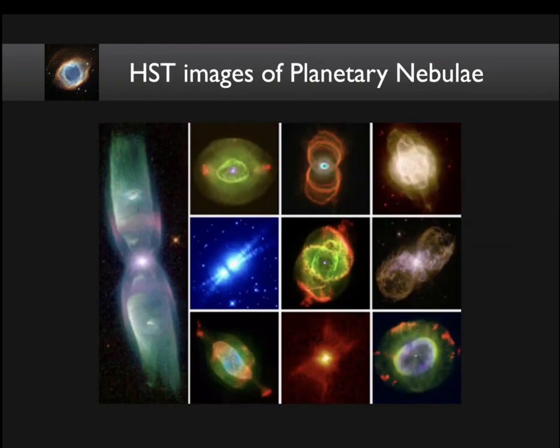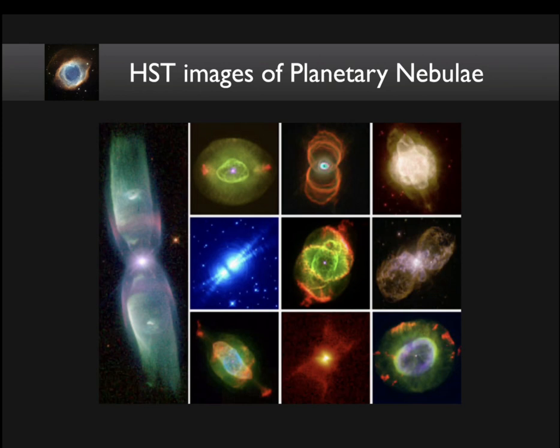Planetary nebulae are some of the most beautiful and colorful objects in the night sky. Here's a collection of 10 different planetary nebulae. These are all taken by the Hubble Space Telescope. Again, we won't see anything that looks like this. In fact, it's very difficult to see color with your eyes when you're just looking through a telescope, because everything is so dim.